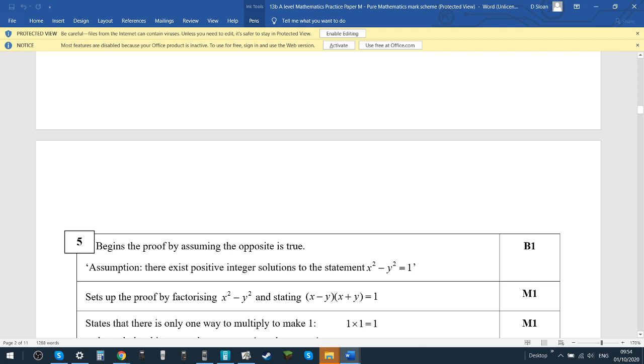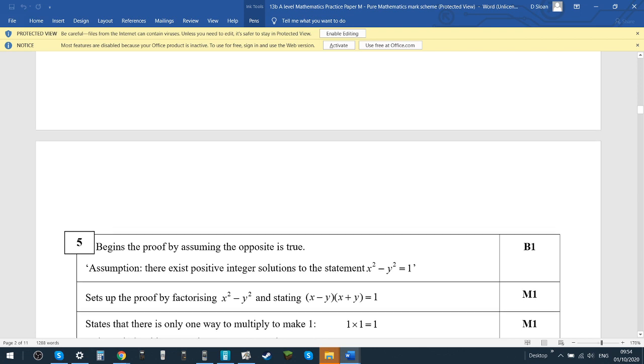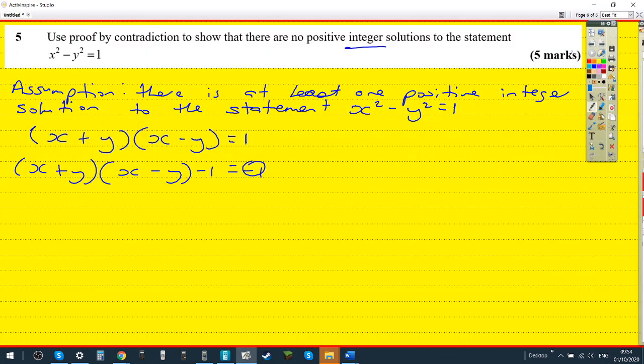It states there's only one way to multiply to make 1. Okay. So 1 times 1 equals 1. So what will be next?